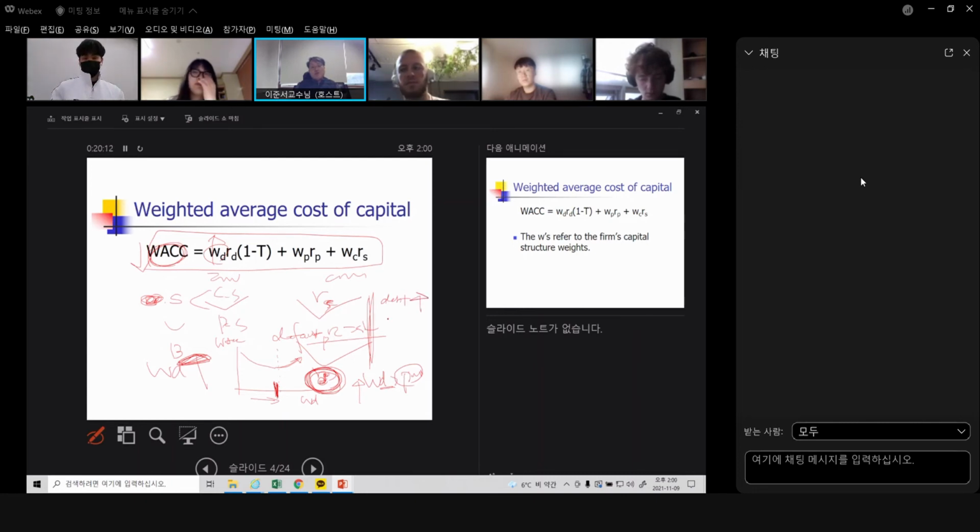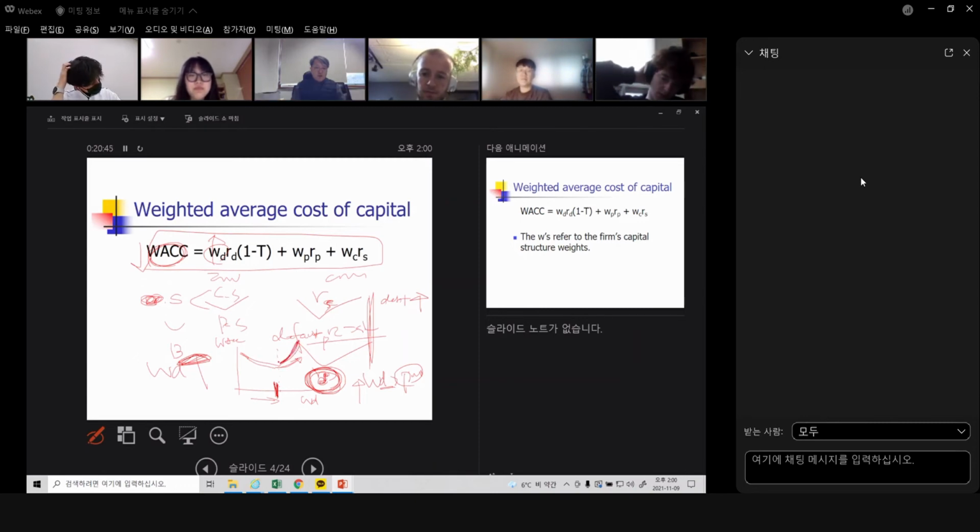So WACC decreases gradually as the weight of debt increases. Then if the weight of debt exceeds some point, the WACC increases dramatically. So the slope is steeper. The going-up slope is steeper than the going-down slope, right?